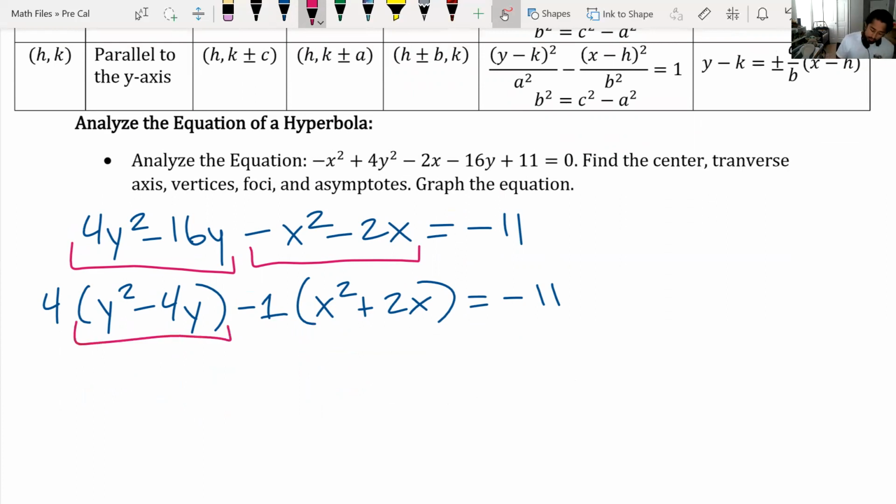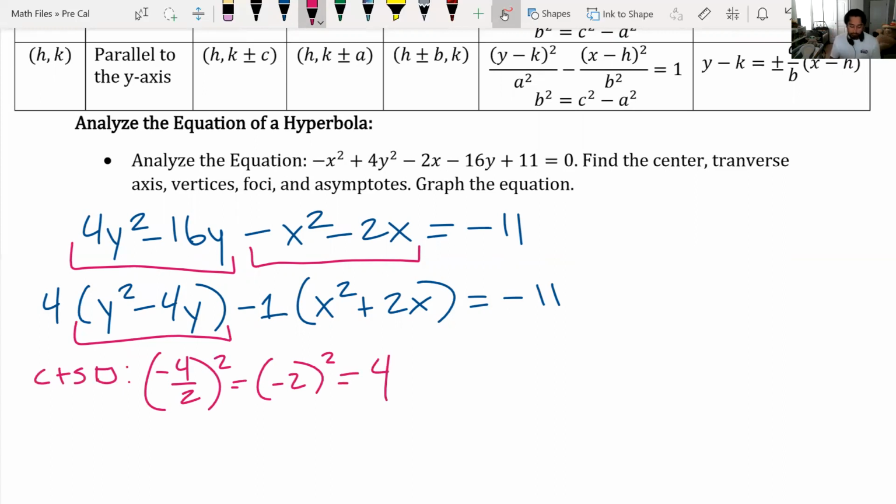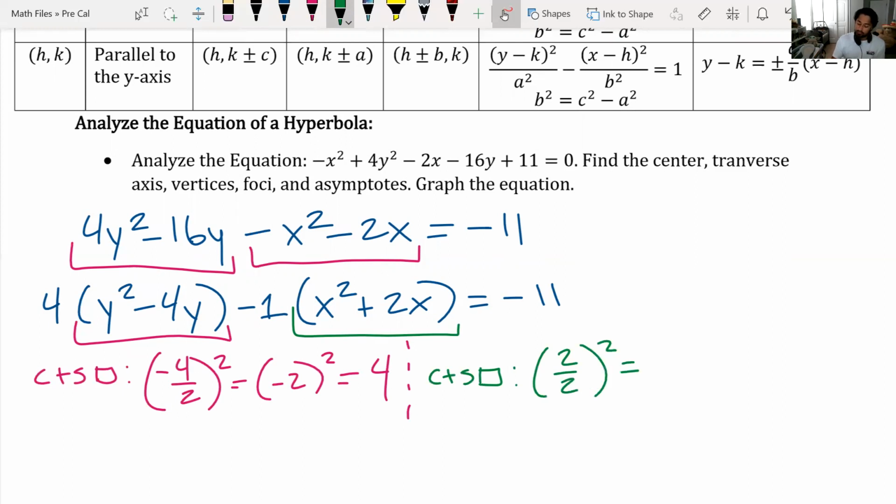So for this one, CTS, take half of negative 4 and square it. We will get 4. And for the next one, complete the square: you take half of 2 and you square it.